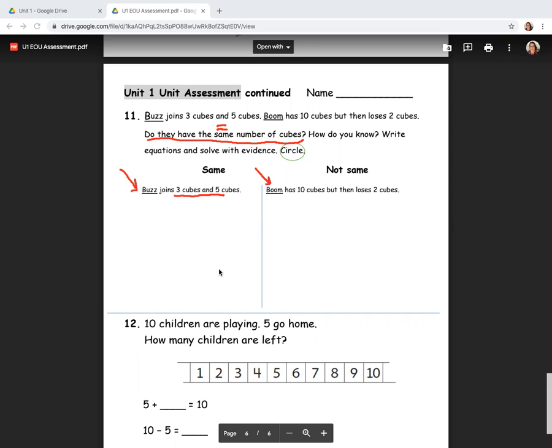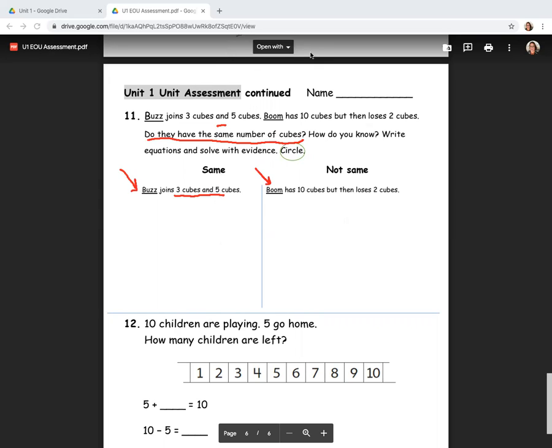If they do, you will circle same. If they do not have the same, you will circle not same. Only circle one.